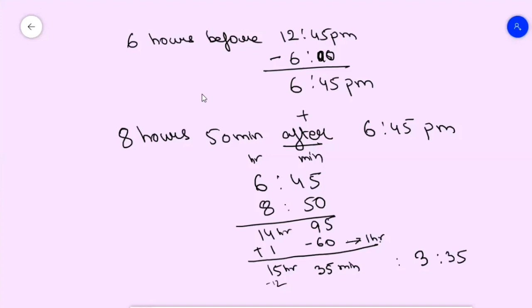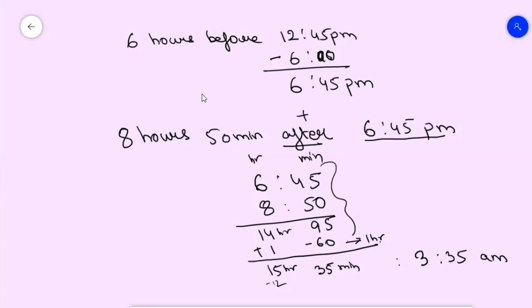So 8 hours 50 minutes after 6:45 p.m. Since we have asked the question in p.m., you just write it in this way only: 3:35 a.m. Why a.m.? Because it's changing. We have used this process, the addition is not done directly, so we have to change this one.